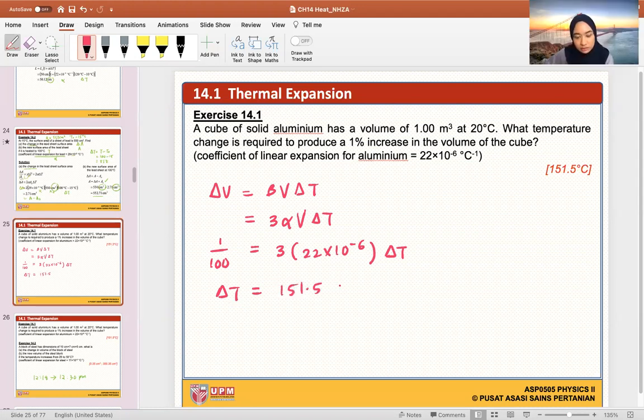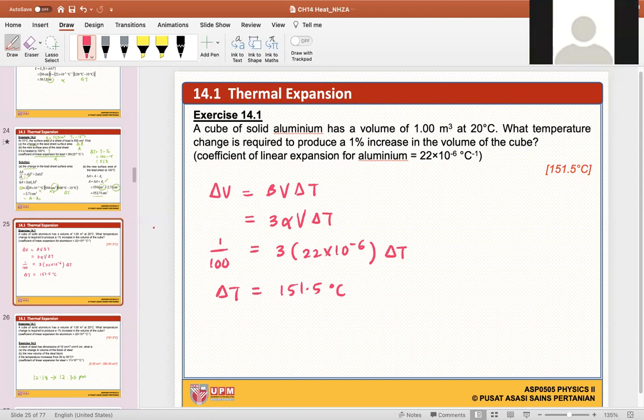What is the unit here? Degree Celsius. Okay. What is temperature change required to produce the 1%?